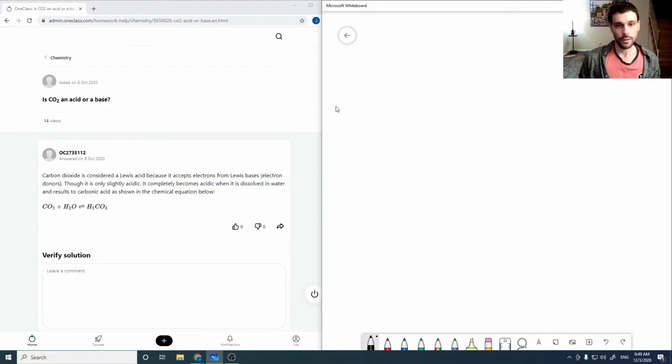Okay. Now, is CO2 an acid or a base? So for carbon dioxide, it's a bit more tricky, as there are no obvious hydrogens to donate and no obvious OH minus to produce, or anywhere really even to accept an H plus.